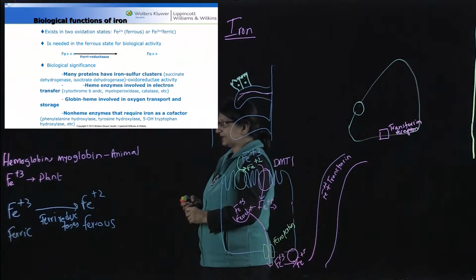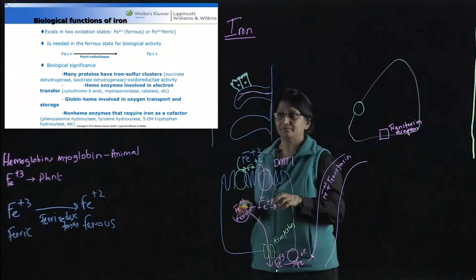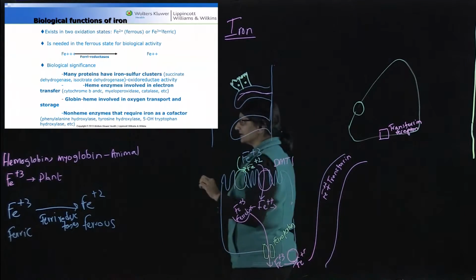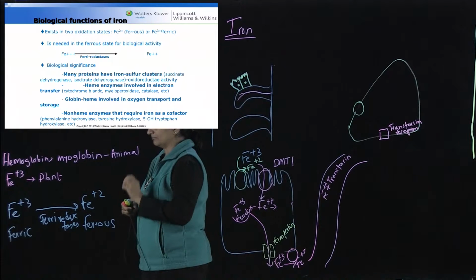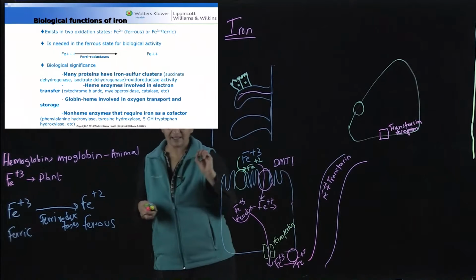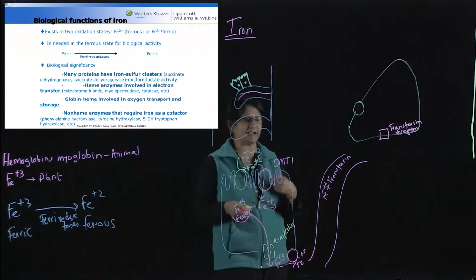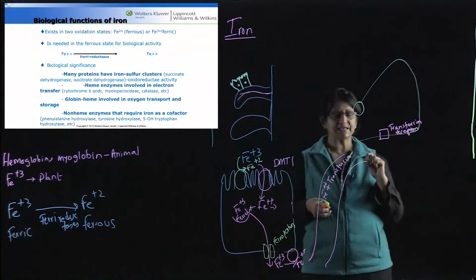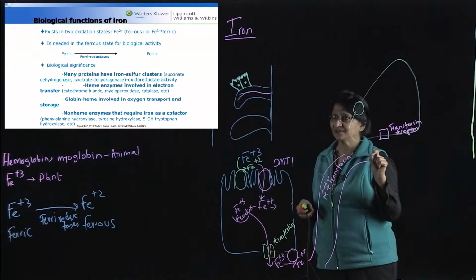And then finally, there are also enzymes that contain iron by itself, used as a cofactor in the propagation of a reaction. For example, phenylalanine hydroxylase is the enzyme that converts phenylalanine to tyrosine.